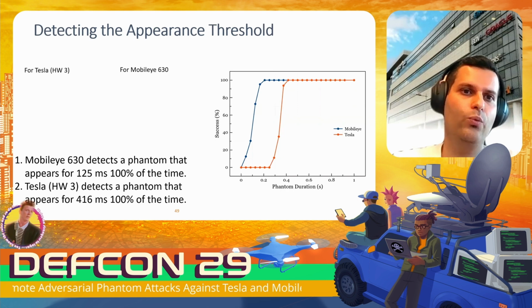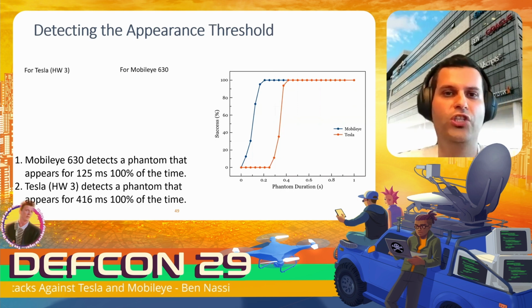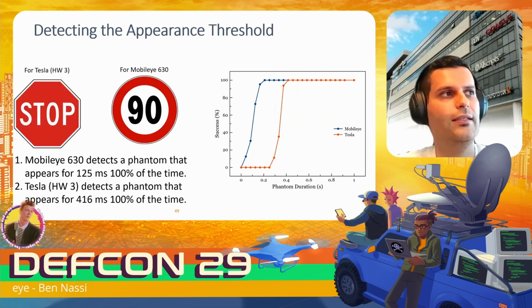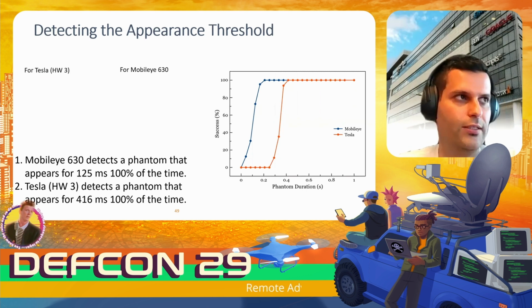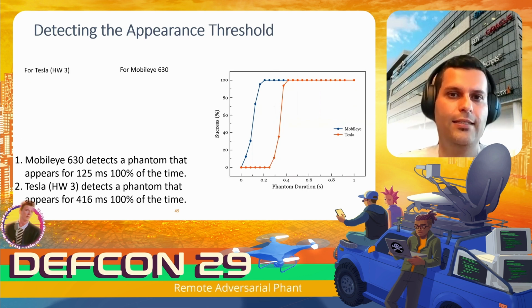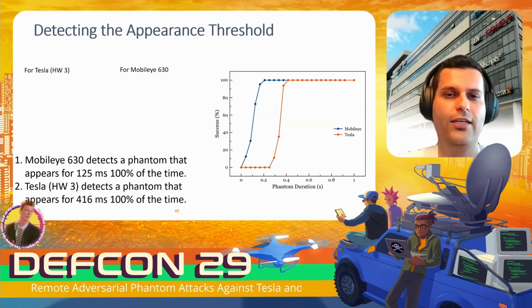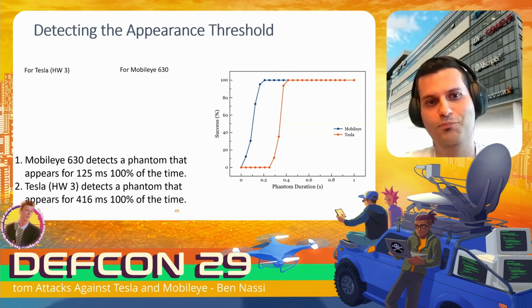For Tesla, we projected the stop sign that you can see on the left side, and for Mobileye, we projected this nice speed limit. We projected these phantoms for various durations and tested the success rate in terms of identification or detection of these road signs.